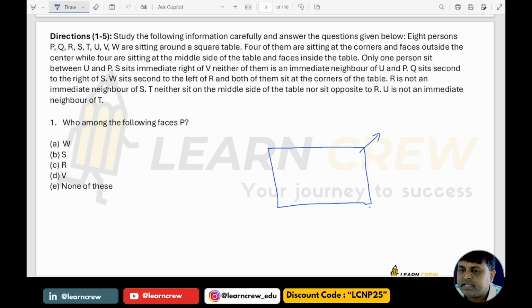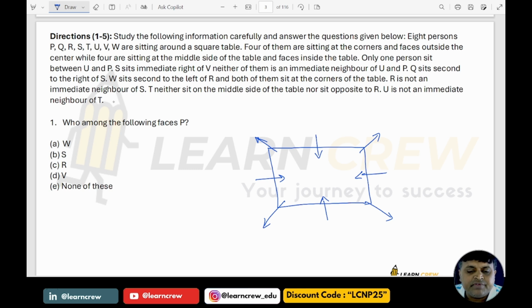Those who are at the corner are facing outside, while 4 are sitting at the middle side of the table and face inside. Those who are facing inside are at the middle. This is what is given.